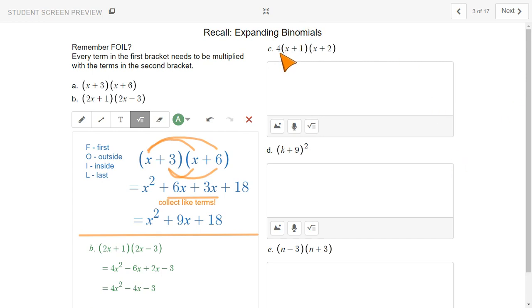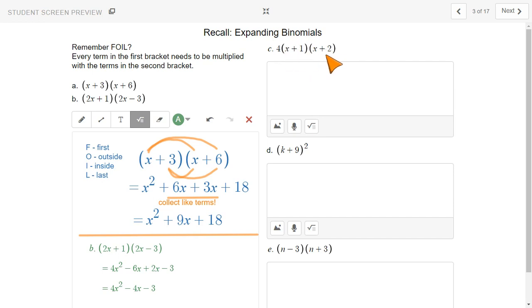Okay, when we have a question like this, 4 bracket x plus 1 bracket x plus 2. We need to remember that the order of operations says we need to do our brackets first. In this case, the brackets are multiplying binomials.